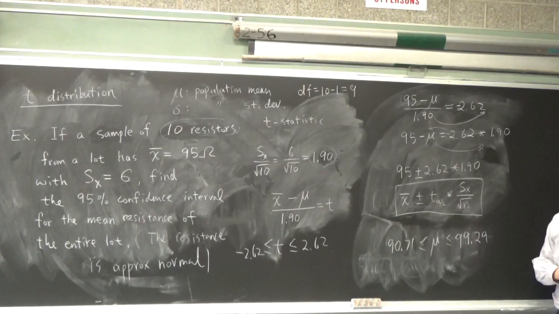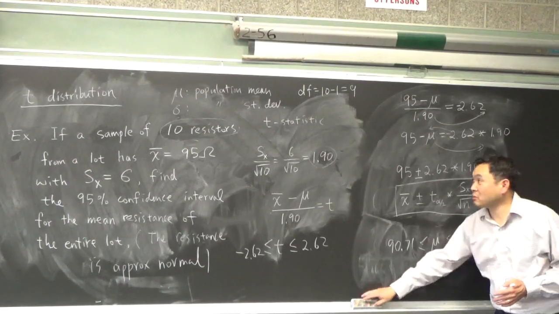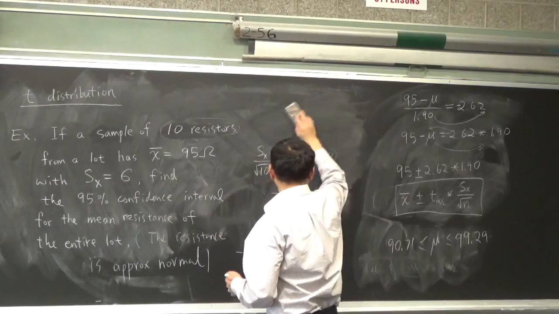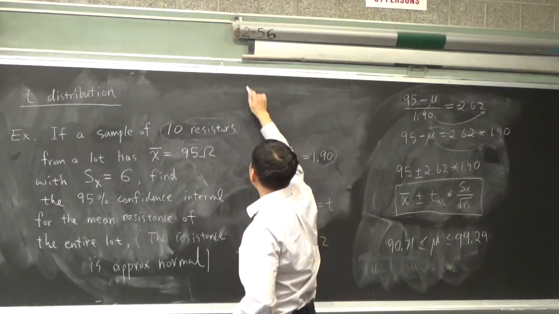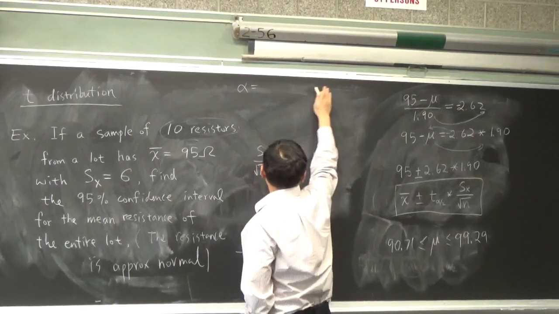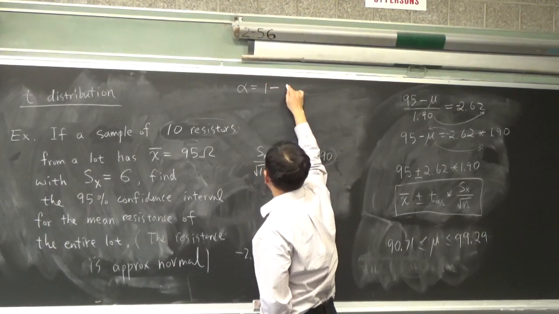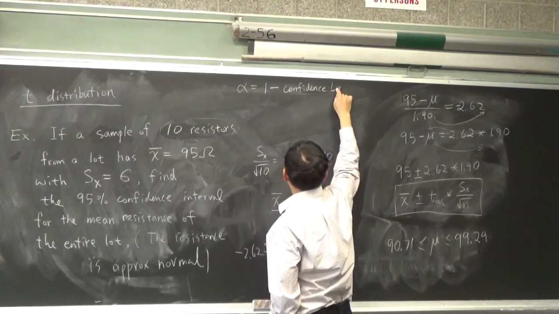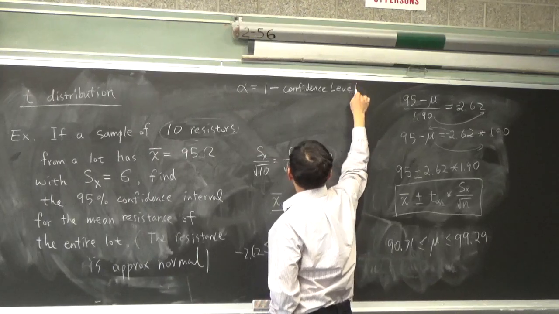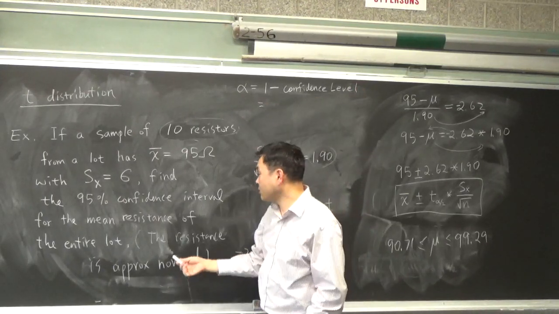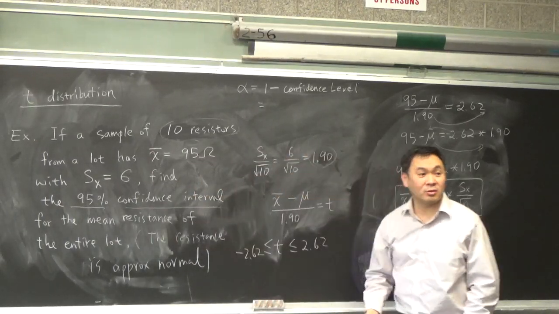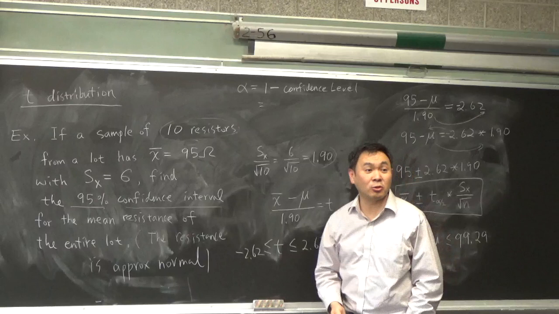You have a question? What is the alpha over 2 subscript on T? Right. T alpha over 2 subscript is, there's something called the alpha value, which is defined as 1 minus the confidence level. In our case, I said 95% confidence interval, so our confidence level will be 0.95.